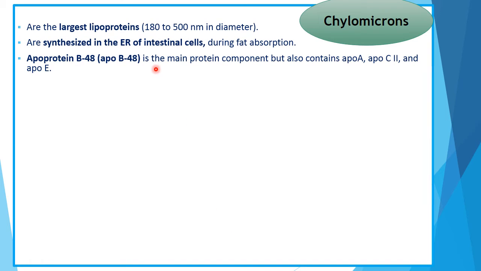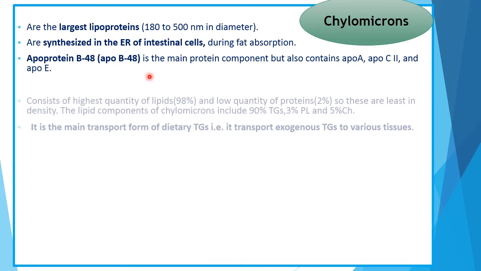Now chylomicrons, we will go through one class at a time. Chylomicrons are the largest lipoproteins, from 180 to 500 nanometers in diameter. They are synthesized in the endoplasmic reticulum of intestinal cells during fat absorption. ApoB48 is the main protein component, but they also contain ApoA, ApoC2 and ApoE.